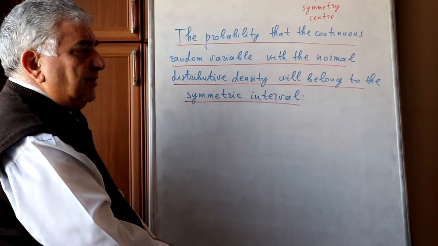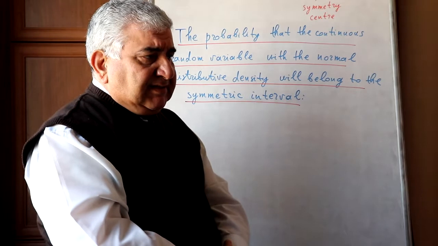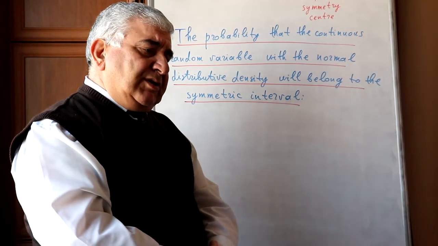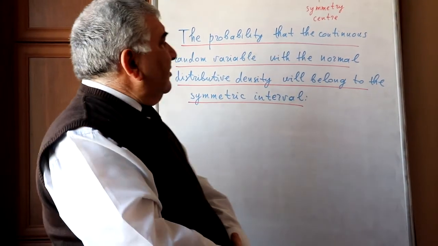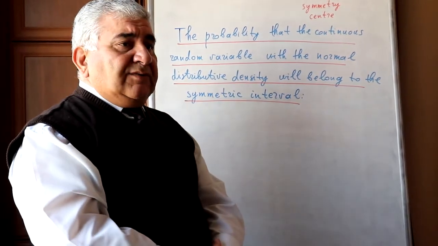Remember the formula of the probability that the continuous random variable with the normal distributive density will belong to the interval alpha beta.